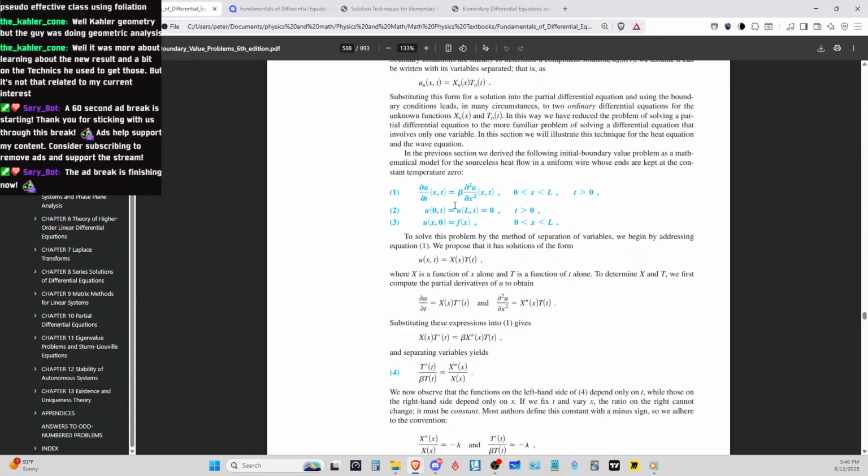So to solve this problem by the method of separation of variables, we begin to address equation 1.